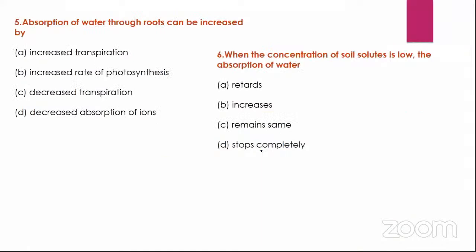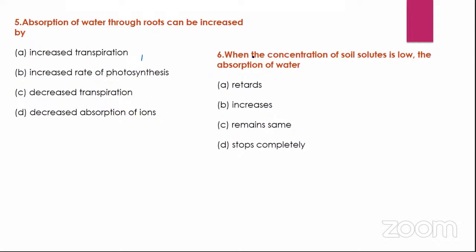Another question says absorption of water through roots can be increased by increased transpiration, that is loss of water molecules at the root surface, increased rate of photosynthesis, decreased transpiration, or decreased absorption. I may first skip this question; it will come in a little bit at another slide.